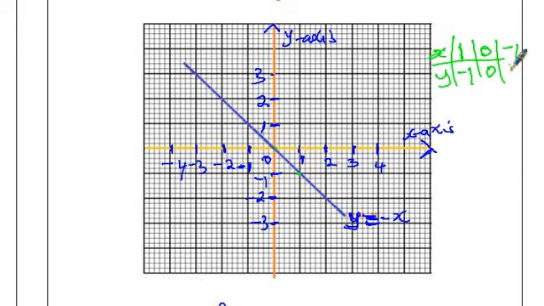Let me pick negative 1. If my x is negative 1, the number I can add to negative 1 to get a 0 should be a positive 1. Let's see, negative 1 and 1, that is the point. And having plotted the 3 points, then I simply get my ruler and I draw the line, and that's the line y is equal to minus x, aka the line y plus x is equal to 0.